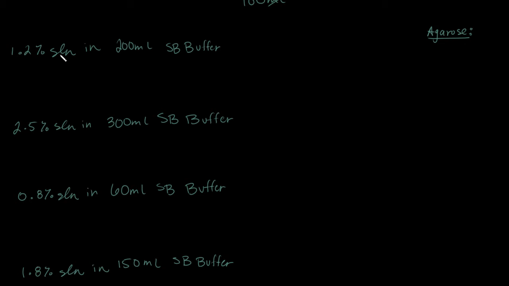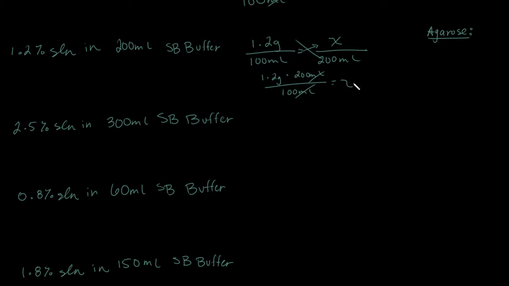So we're still going to set up this percentage as 1.2 grams over 100 milliliters. And we're going to put that equal to 200 milliliters of SB buffer now is equal to an unknown X quantity. Again, I'm going to do this cross multiplication the quick way. 1.2 grams times 200 milliliters over 100 milliliters.